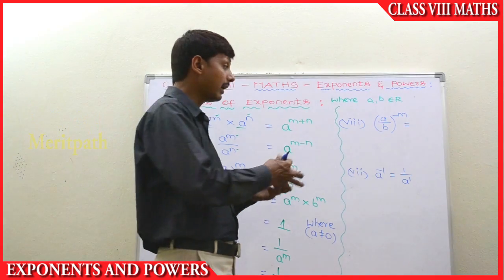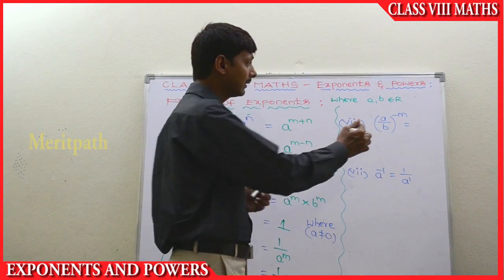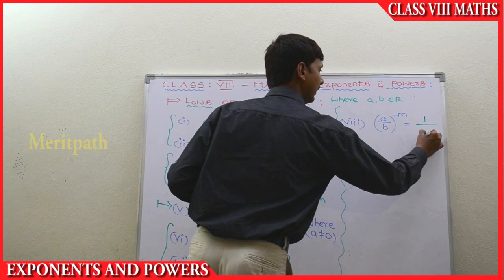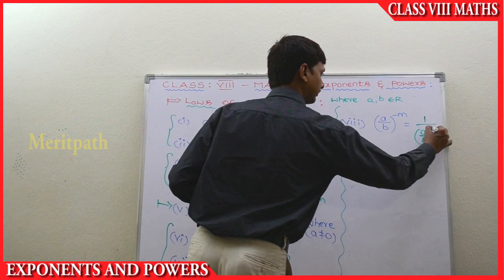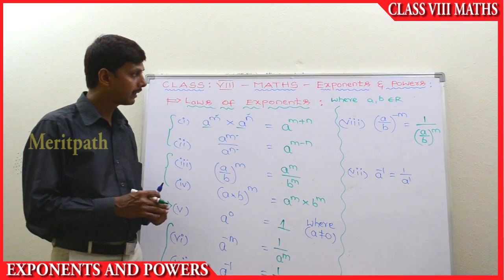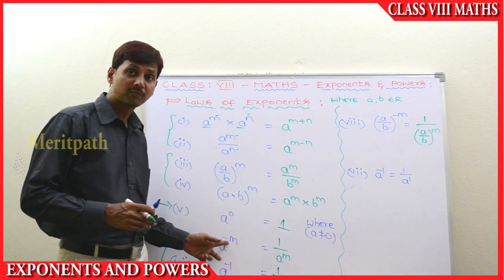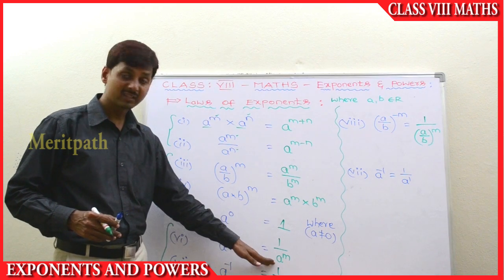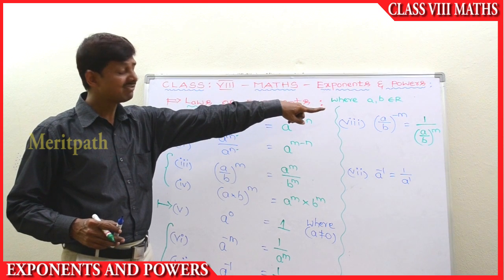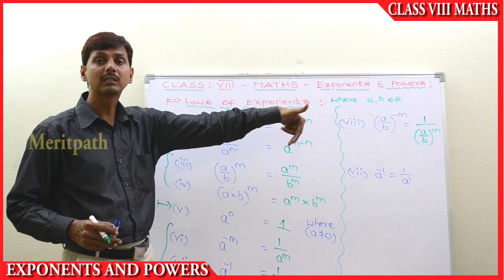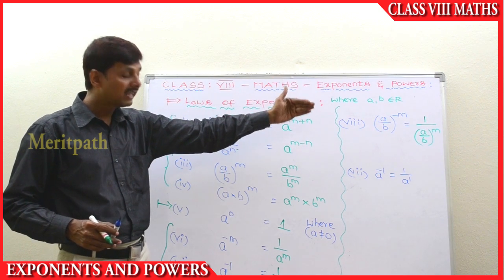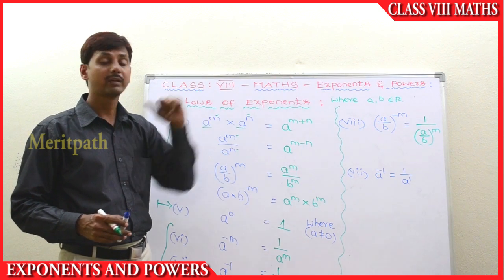Similarly, let's take this to the denominator part, that is 1 divided by (a by b) whole to the power of n. So let's see once again, a to the power of minus n, we have taken to the denominator part, so 1 by a to the power of n. Similarly, we have taken that a by b to the denominator, so n became a positive value: 1 by (a by b) whole power n. We got it.